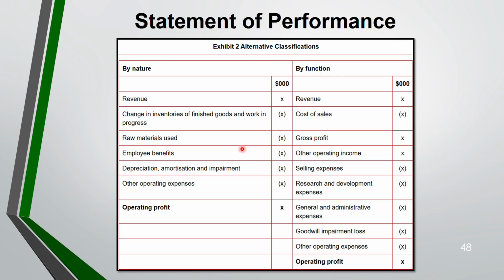The only difference is the way we have classified expenses here versus how we have classified the expenses here. That's the only difference. And mostly you will see in your exam also we go by function.